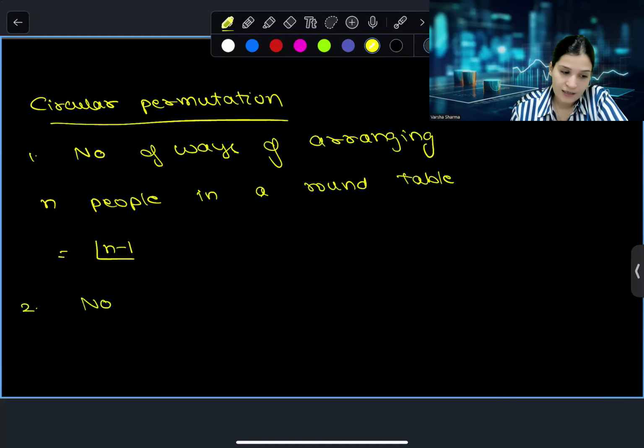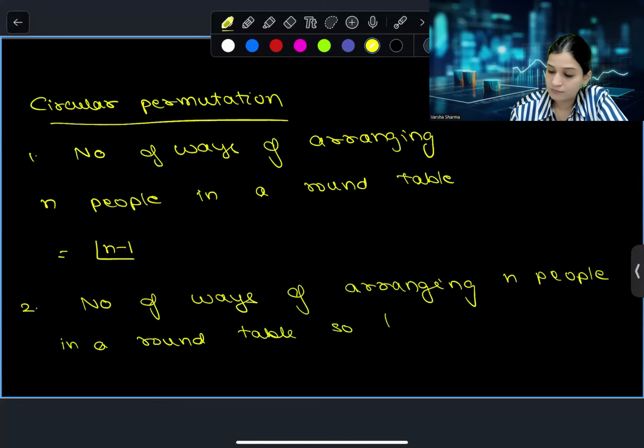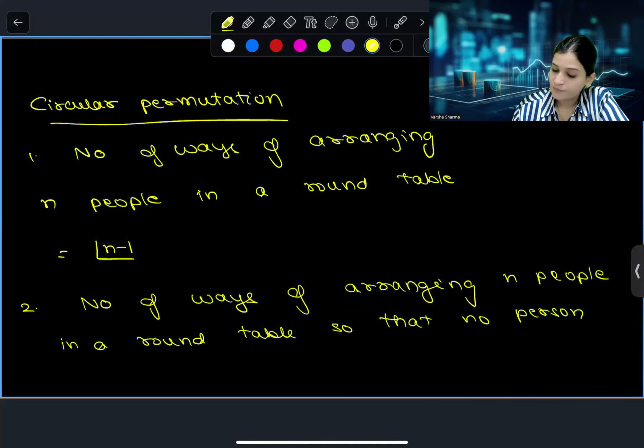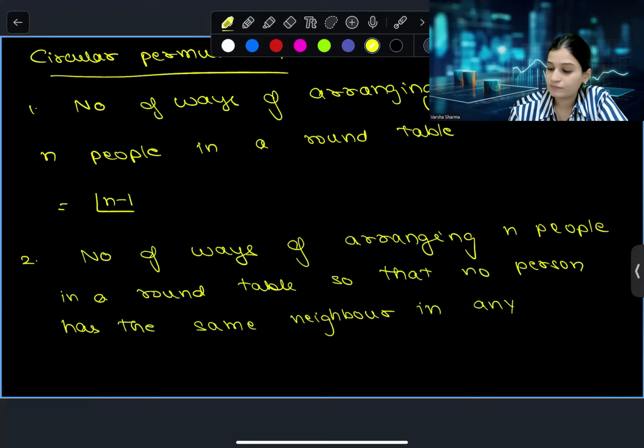Second, number of ways of arranging n people in a round table so that no person has the same neighbor in any two settings.